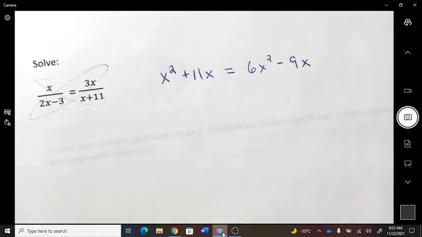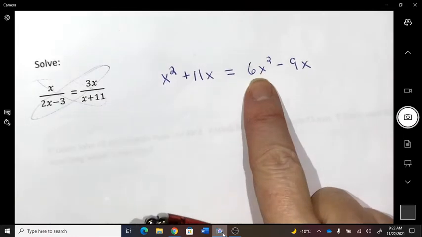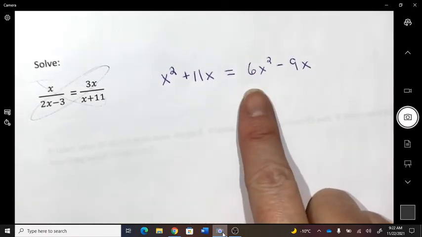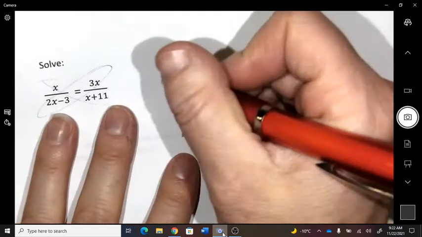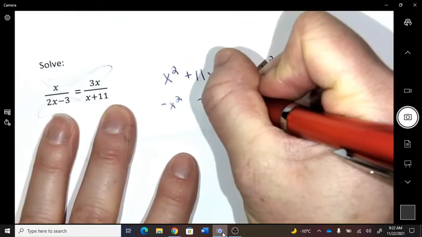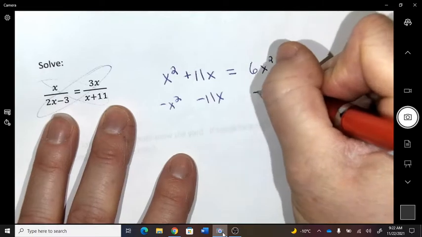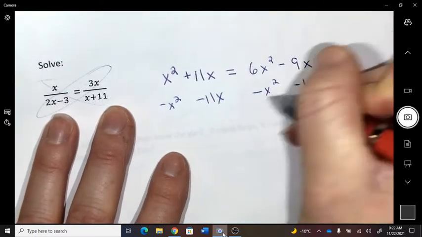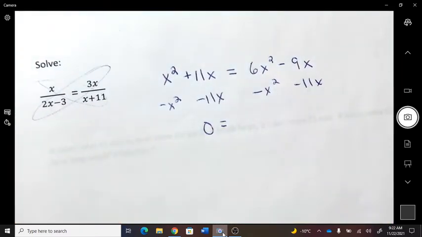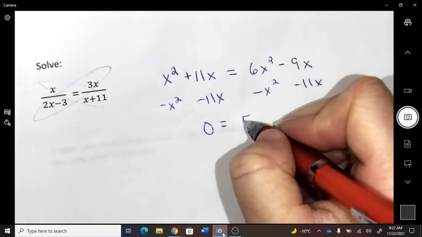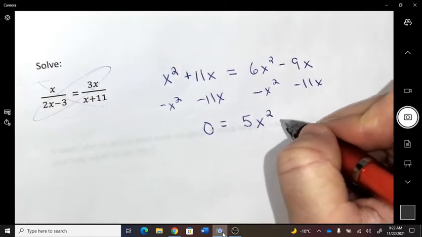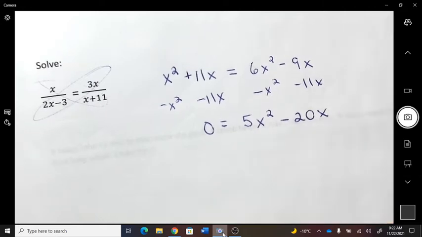Okay, so who's the boss in this situation? 6x squared is the largest thing that I'm moving everything to it. So I'm going to subtract x squared and I'm going to subtract 11x. Because remember, the whole point is zero one side. So 5x squared minus 20x.